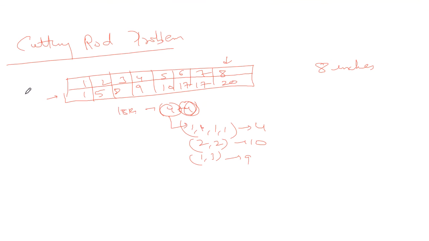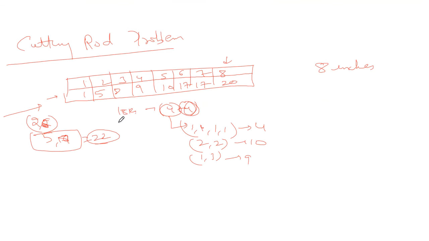In this case, the output that we expected is, I guess, 22, because if we make a cut at 2, we get 2 blocks of 2 and 6, and the profit is 5 and 17, which is 22. I think that is the highest profit as well.